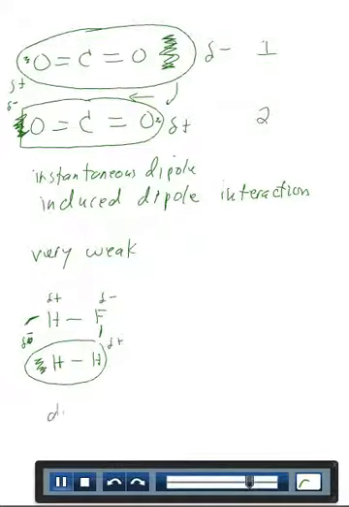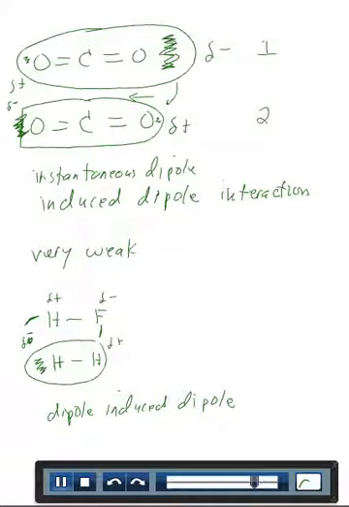So this is called a dipole induced dipole interaction, because this has a permanent dipole and it induces a dipole in a molecule next to it. Now this will be a permanent attraction because we have a permanent dipole, and it can induce a permanent dipole into the molecule next to it.